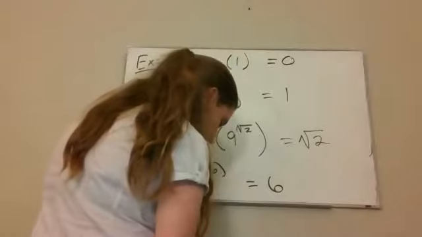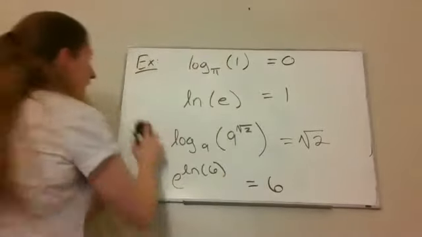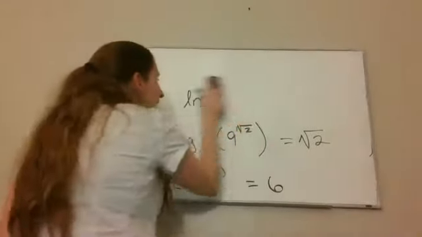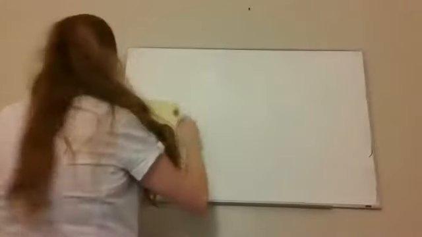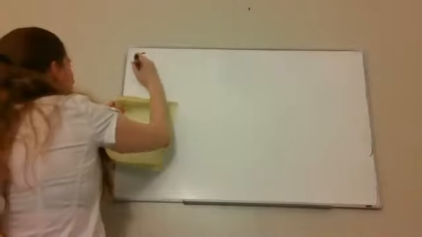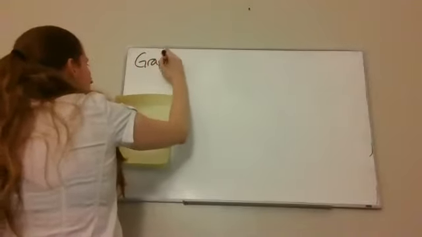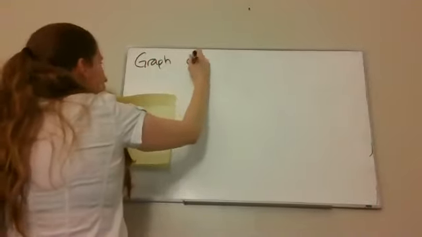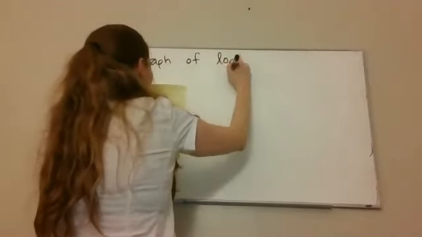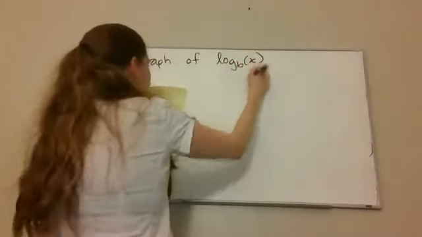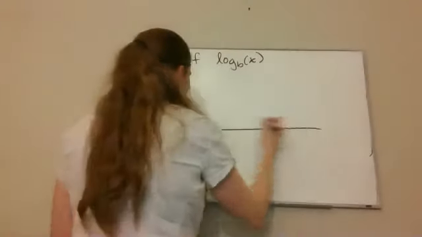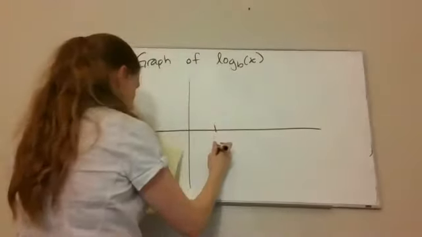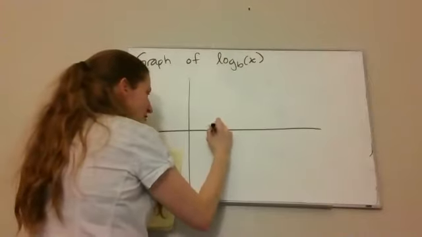So now we need to look at what the graph of a logarithm looks like. Kind of like exponentials, we have two graphs for logarithms, depending on what the base is. And just like exponentials, there's a special point.